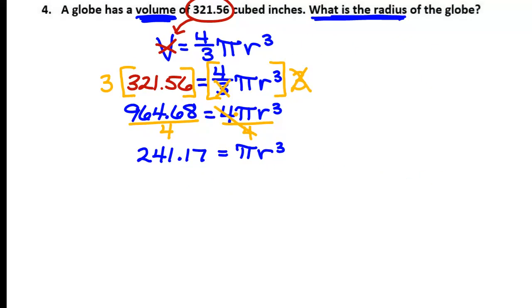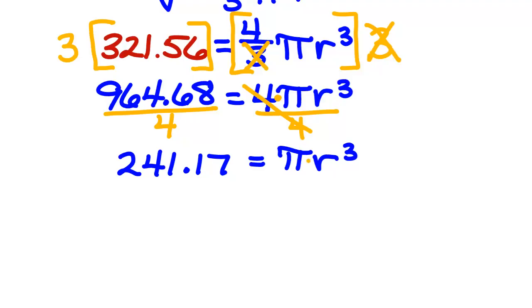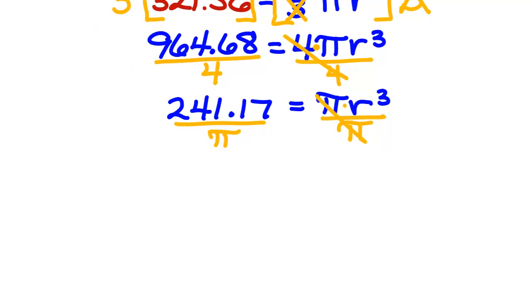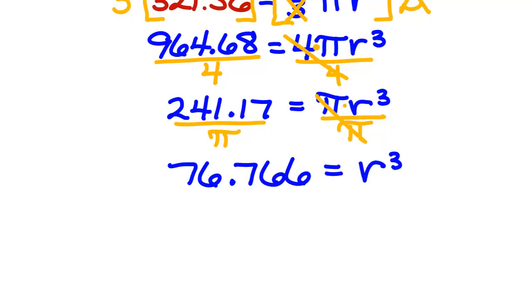All right, what operation is connecting the pi to the r cubed? Multiplication. So how are we going to get rid of pi? We will divide both sides by pi. What is 241.17 divided by pi? 76.766 equals r cubed.